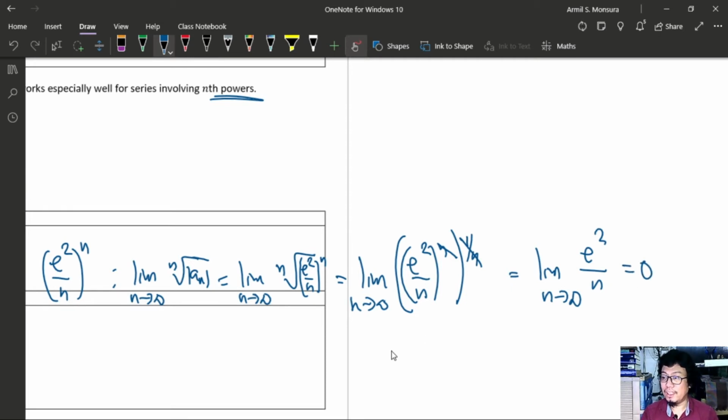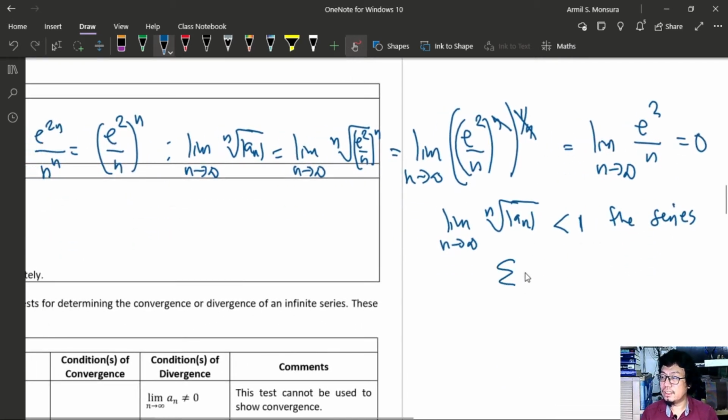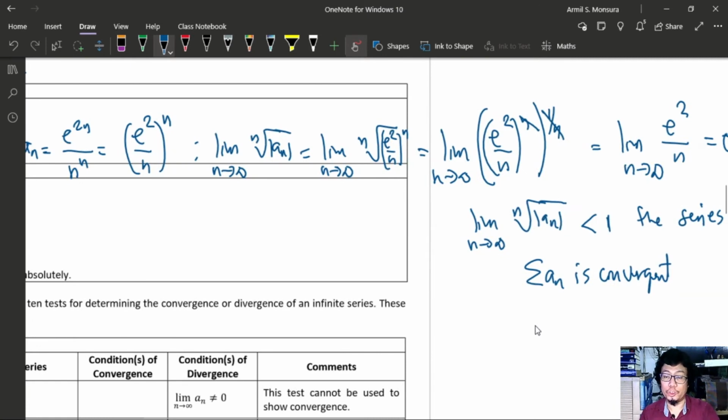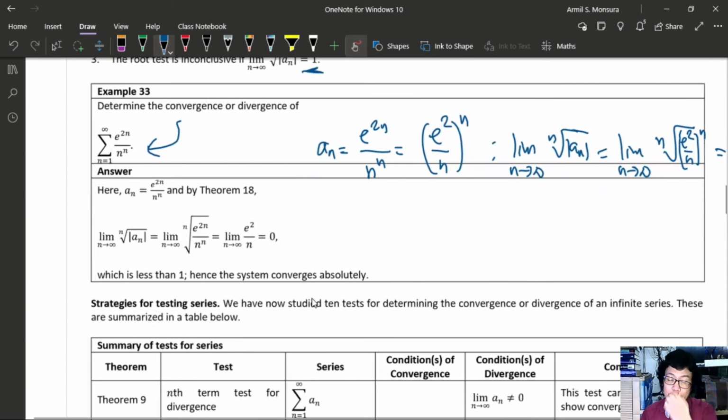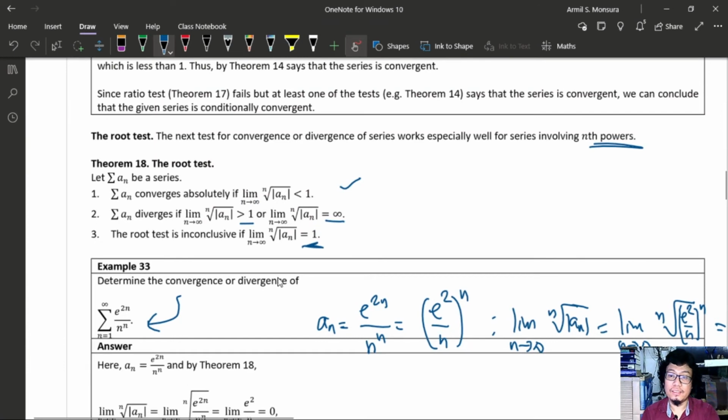Now, since the limit of the nth root of the nth term, or the positive nth term of your series, as n approaches infinity is less than 1, because it's 0, the series is convergent as per the first assertion of the root test.